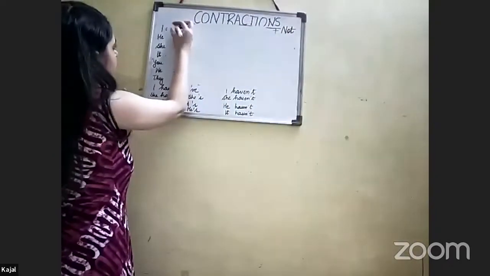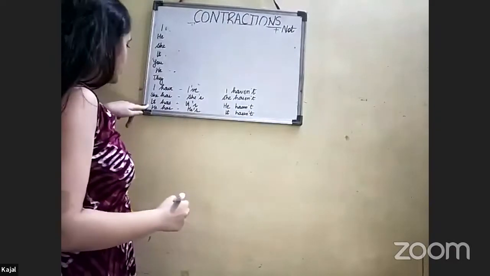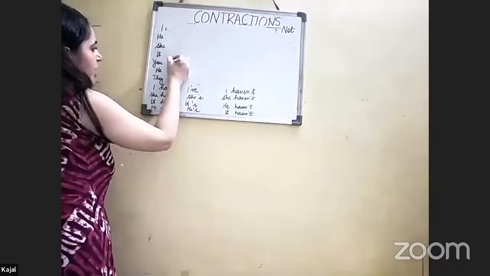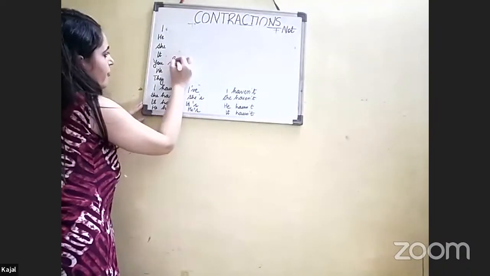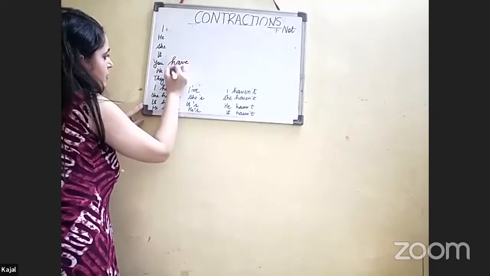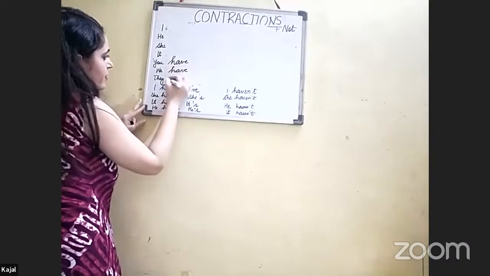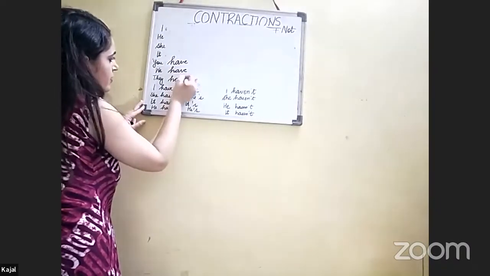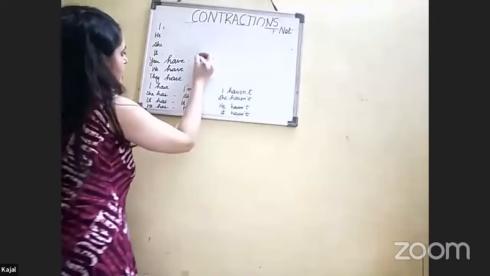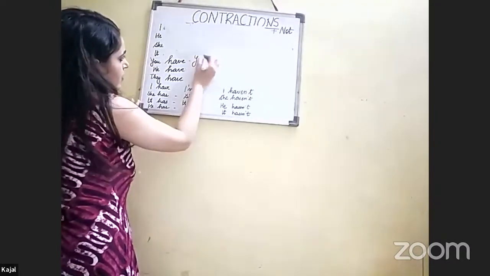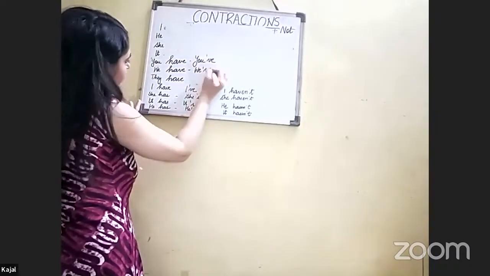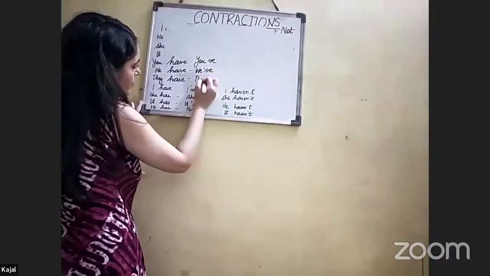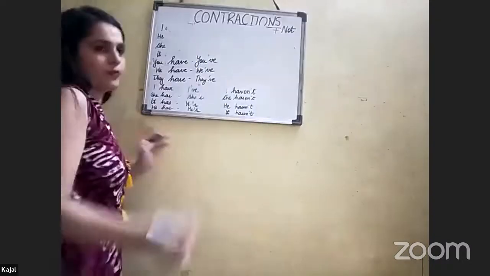So we are starting with, we have done till I, she, it, and he. So I'm writing here. It will be you have, we have, they have. So it will be you've, we've, they've.